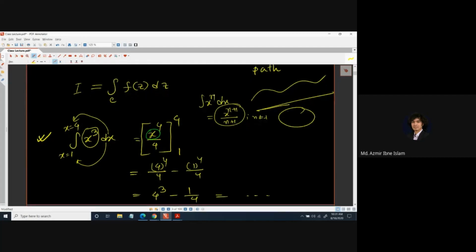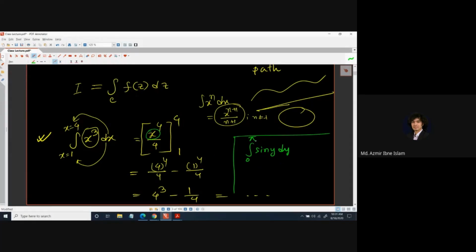We can also integrate in terms of y, because in Math 120 you have learned this concept. So before starting complex integrals, you have to recall all these things. So let's say now we have y squared dy, or let's take a trigonometric function, sine y, integration from 0 to pi.